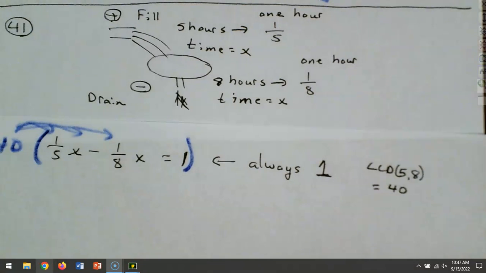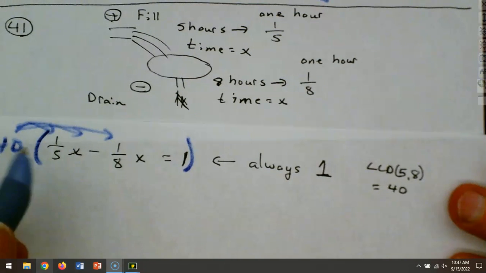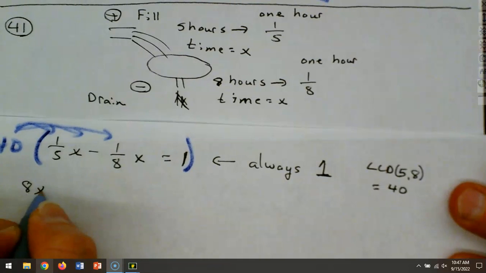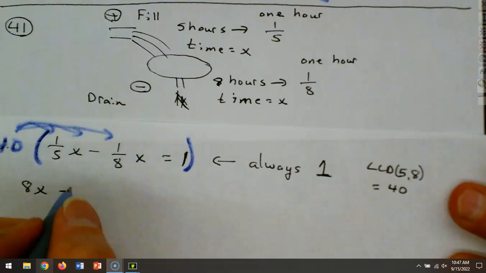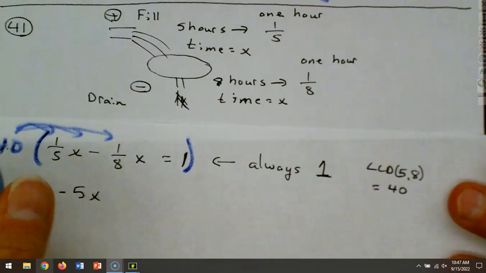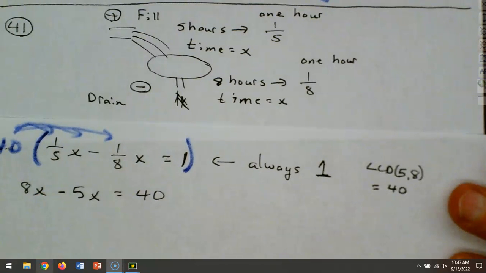And then we'll solve. So 40 divided by 5, that leaves you with an 8x. We got a minus. 40 divided by 8, that's a 5x. And 40 times 1, that's a 40.